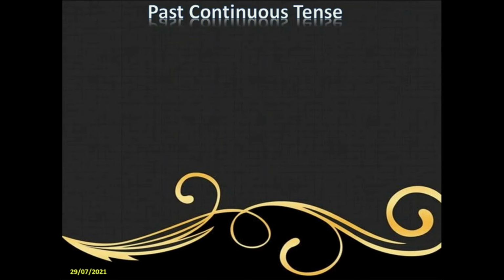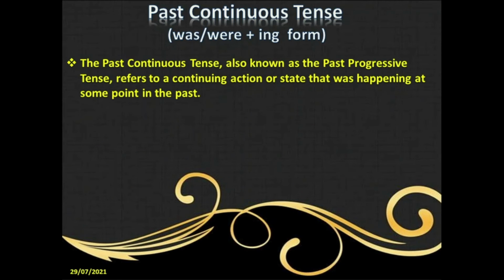Okay, now we are in past continuous tense. In this, again, helping verbs are the key, and without the key you cannot open the door, something like that. So was, were plus the ing form are the key words or helping words for the past continuous tense. So what is it all about?